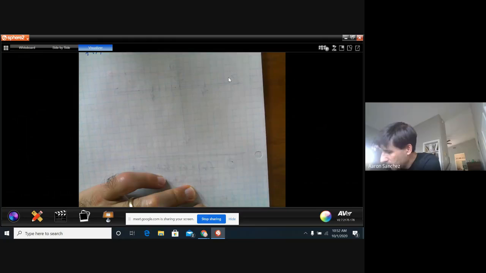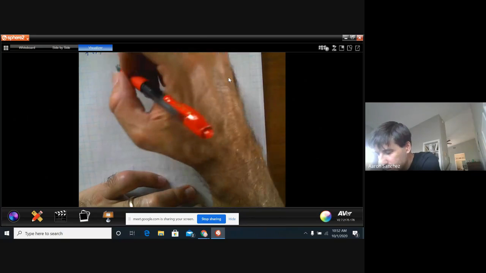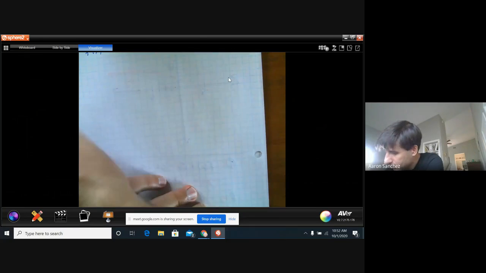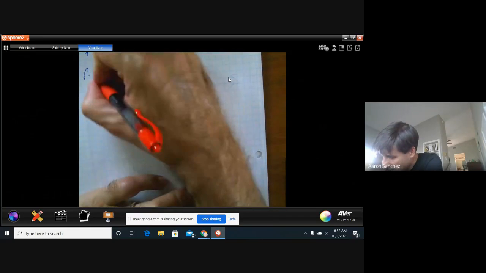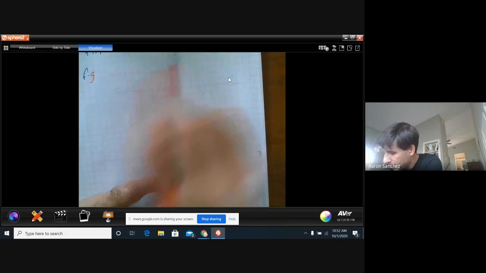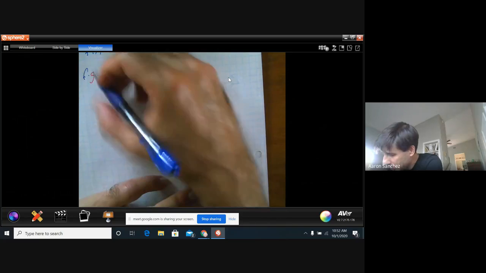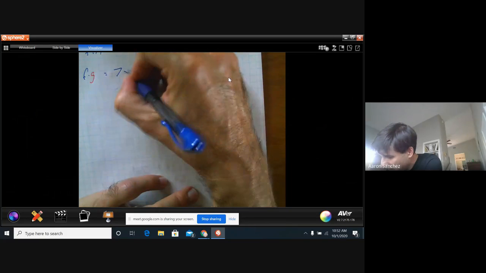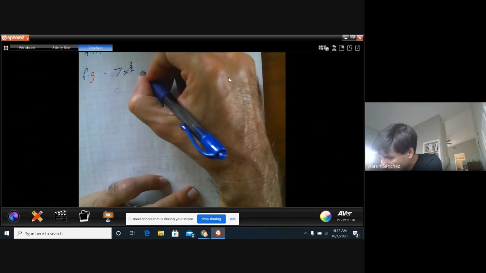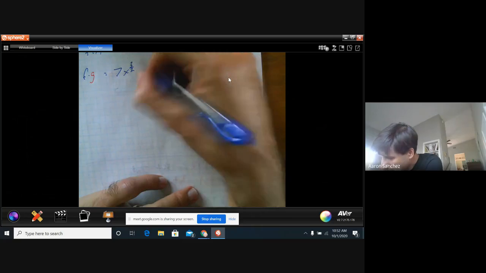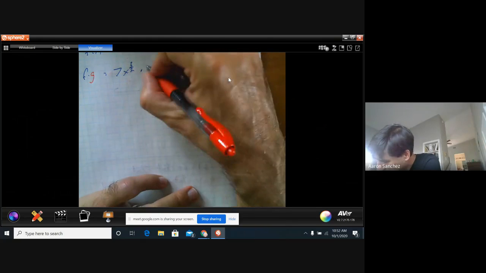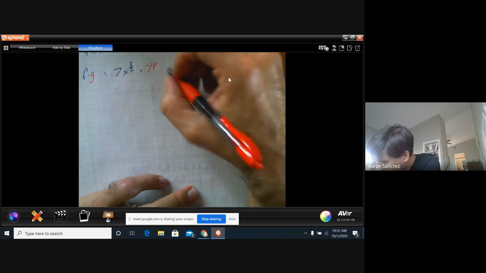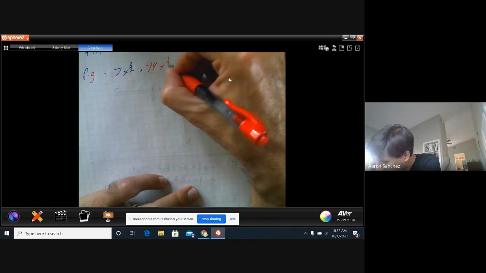Okay, we want to do f times g. So I want to multiply this times this. So it's going to be 7 times x to the 3/2 times negative 14 times x to the 1/3.